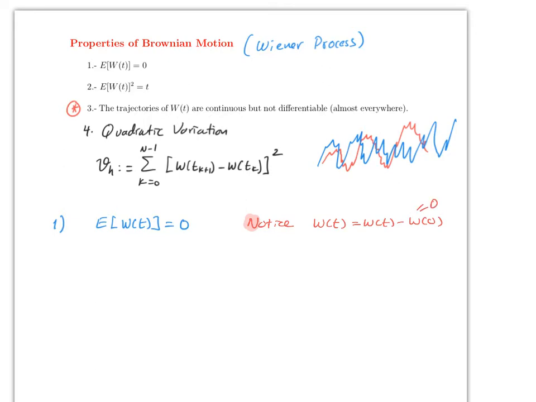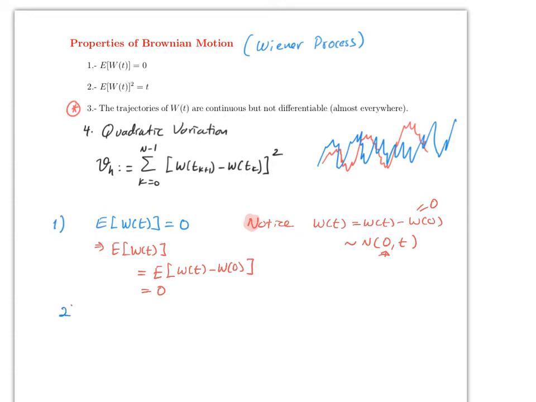But by the definition, this is a normal distribution with mean 0 and variance t. So therefore, this implies that the expected value of Wt is the same thing as the expected value of Wt minus W0. But since this is a normal distribution where the expected value is 0, well, this is just equal to 0.